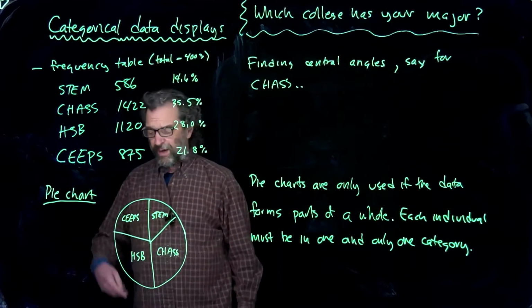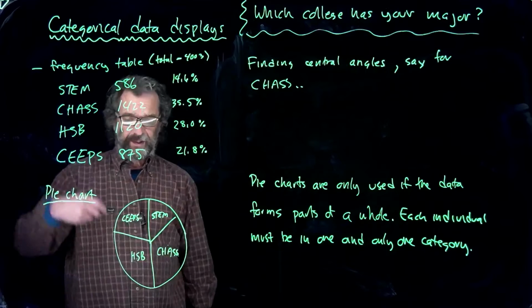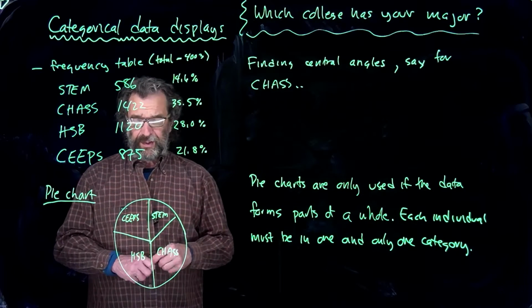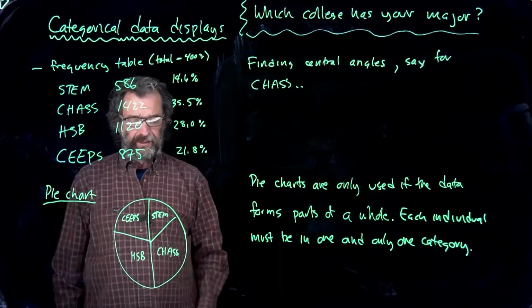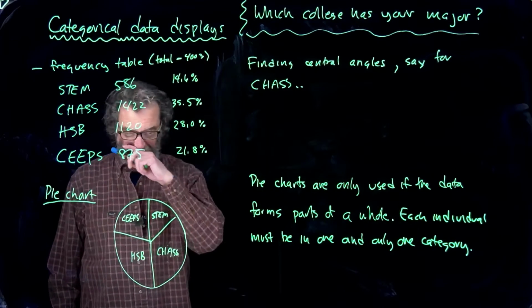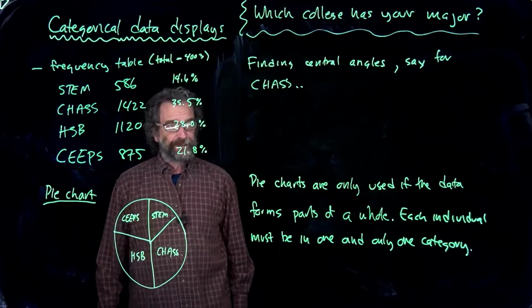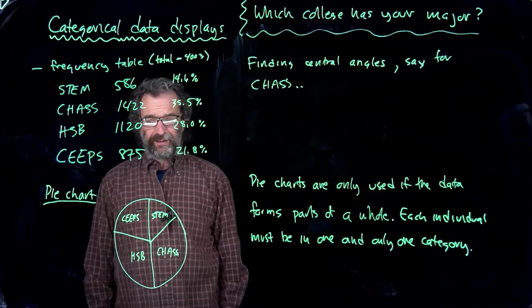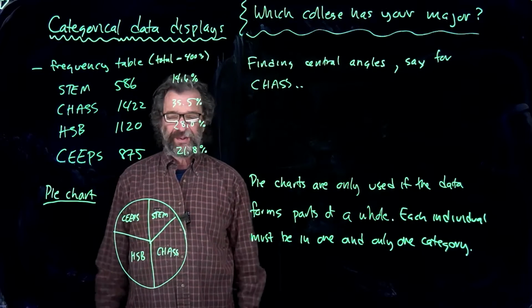So there's only 4 colleges. If you're a student here, you're in one of the colleges. That's the assumption. So each person belongs to a category and only belongs to one of the categories, and that makes those categories parts of a whole. You would say maybe disjoint parts of a whole, but we just say parts of a whole.